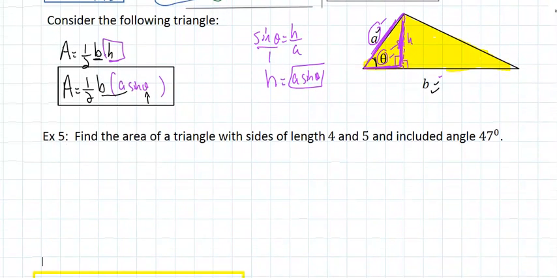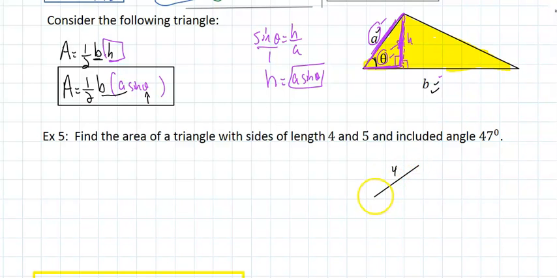So if I look at example 5, that's one just like that. You're given a triangle with sides 4. Let's say this is side 4. Side 5. Let's say this is side 5. And included angle. The angle between them is 47 degrees. So that creates a triangle right there.